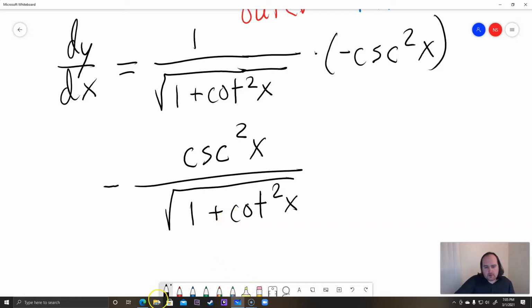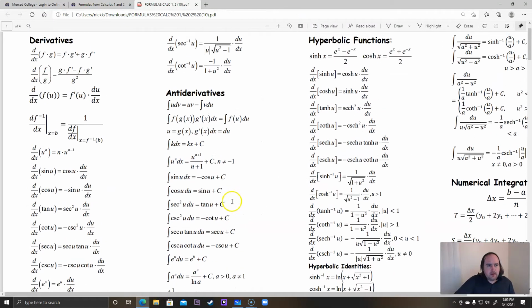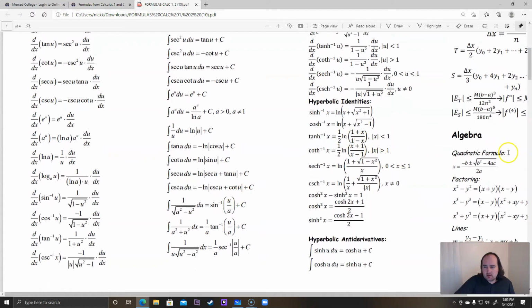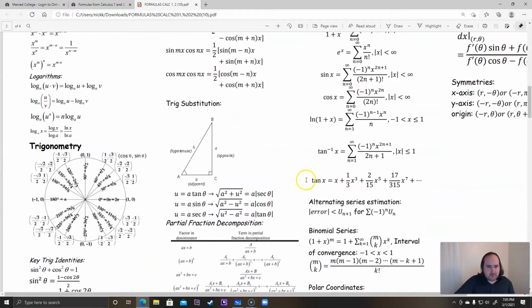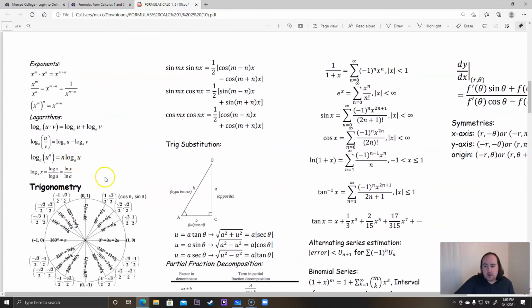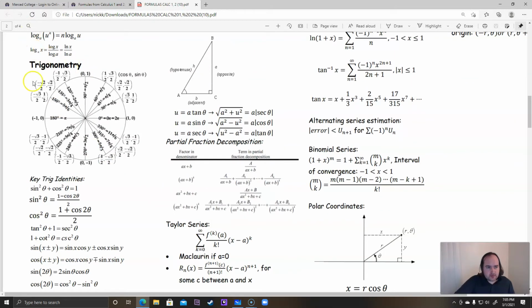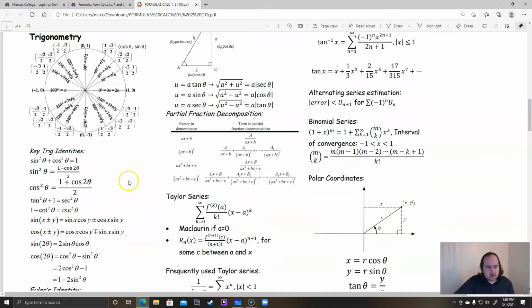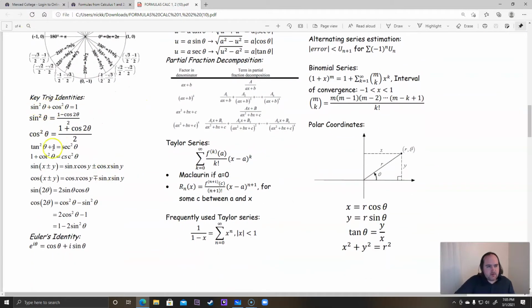Well, we go to our formula sheet, and we want to go to where it talks about trig formulas. So trig identities are on the second page of our formula sheet under trigonometry. Here you have the unit circle, and below that, you've got some key trig identities.